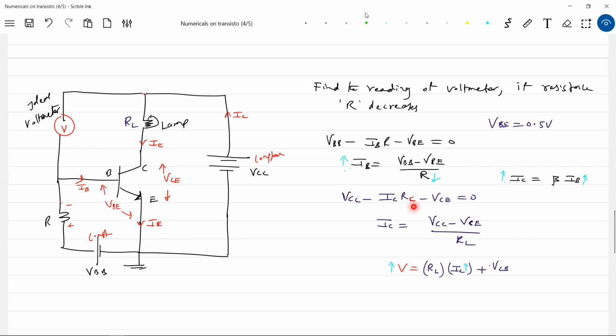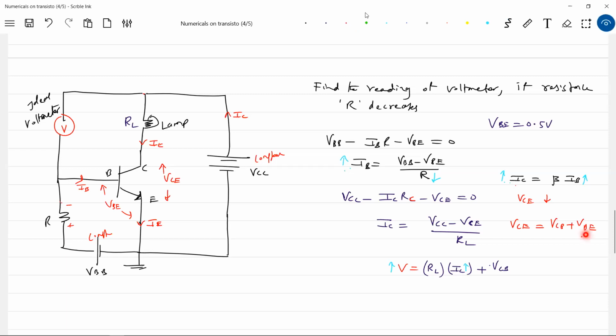No, not like that. If I decrease this, IB decreases, IC decreases. If IC decreases, then what will happen to VCE? VCE will increase. If IC increases, then VCE will decrease. We know VCE is equal to VCB plus VBE. VBE is almost a constant.